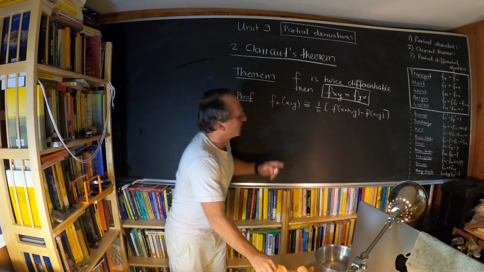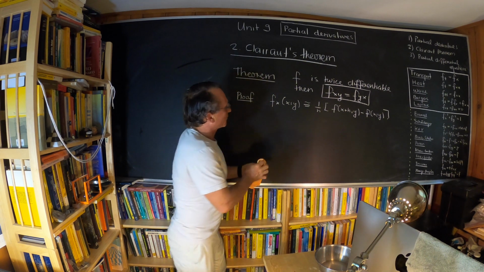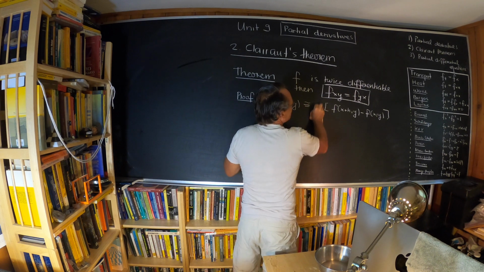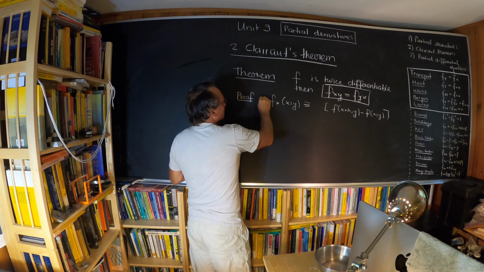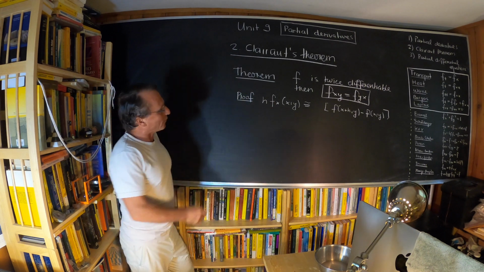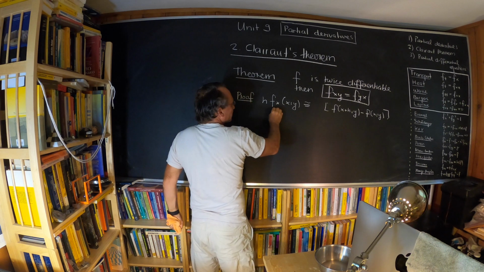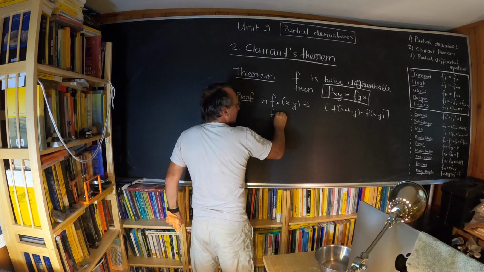So what I do here, I will take the 1 over h. h is a small number. I will take this small number h on the other side. Now if we take the second derivative, we get f_xy.